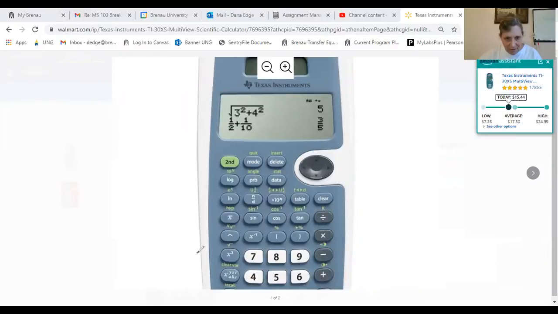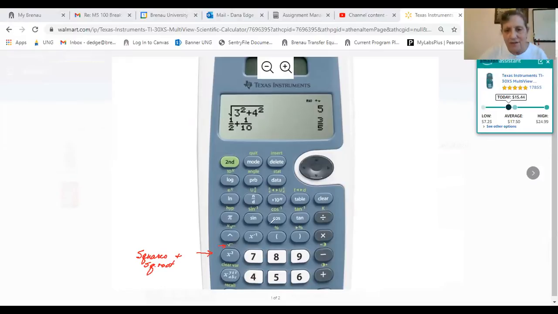This button is for squares, if you need to square something, and a square root for the second function. Here's the second function.